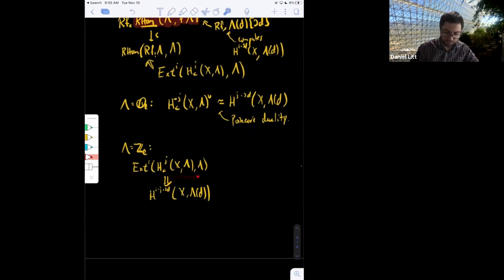Some of these pieces are torsion. When this group has some torsion, then Ext 1 is non-zero. And if lambda is Z mod L to the N, things can get a lot more complicated. In that case, these groups can be non-zero for infinitely many I. All right. Are there any questions about that?